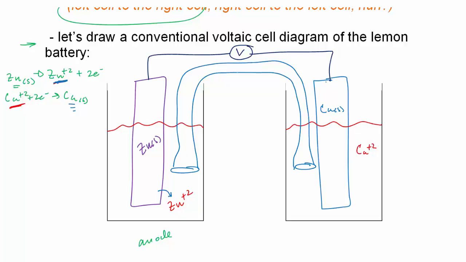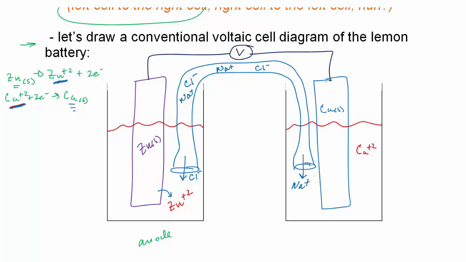That means that, let's say we have a lot of sodium ions and chloride anions in here, right? So if we're producing zinc plus 2, chloride anions have to be coming out of here to keep the charge balanced. On the other side, copper plus 2 is reacting, so we're losing positive charge. So we need positive charge coming out of that salt bridge, sodium ions.